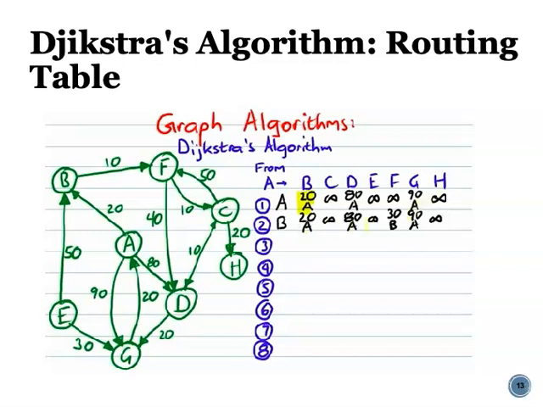In the next round, we're going to take a look at all of the paths we have so far, excluding the one that we've already picked. And we're going to find the lowest cost path. Well, in this case, it's the newest one that we've added, which is 30 to F. So F is going to be our starting point for the next round.